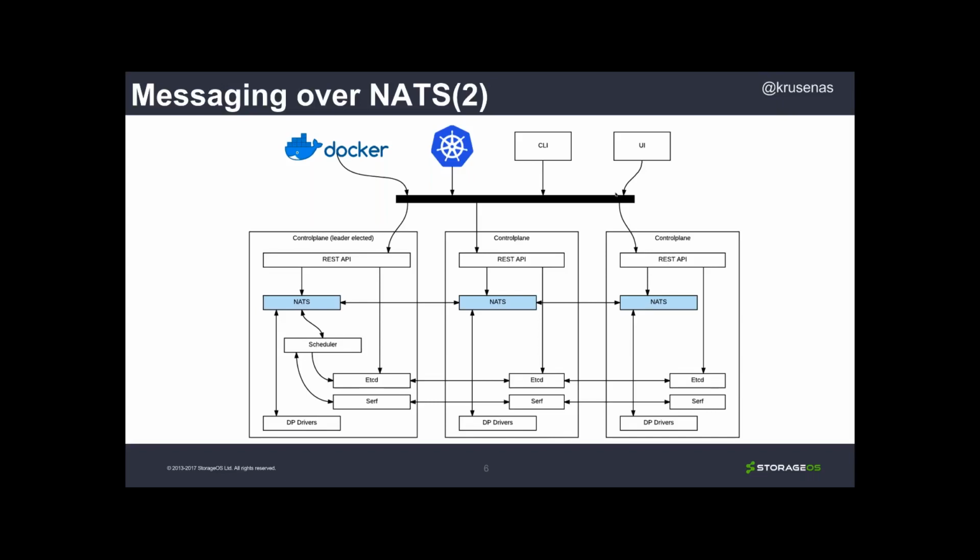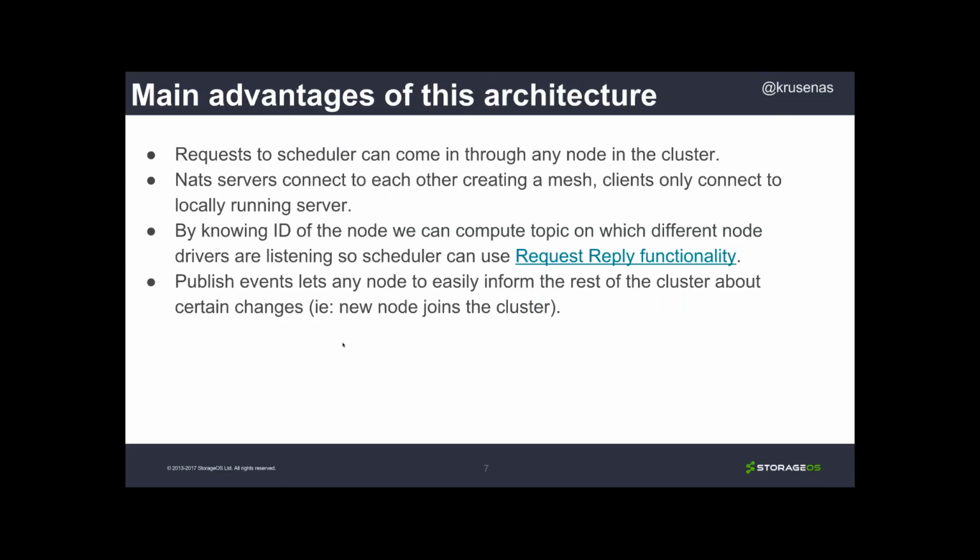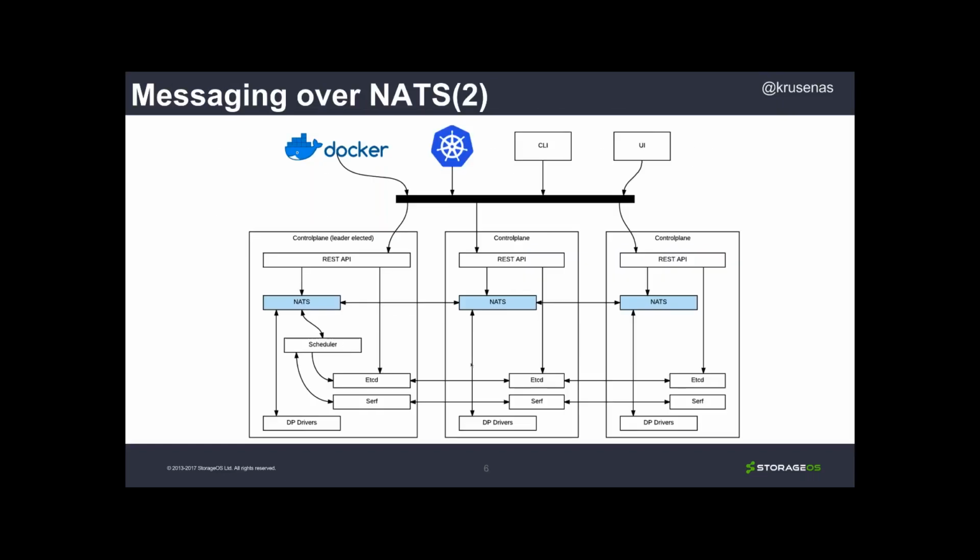Once a node becomes a leader, it starts a scheduler, and the scheduler subscribes to multiple queues like volume create queue, volume delete, update, and so on. Then any request coming to any node will be delivered to the node with the scheduler.